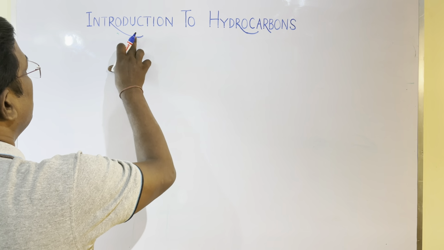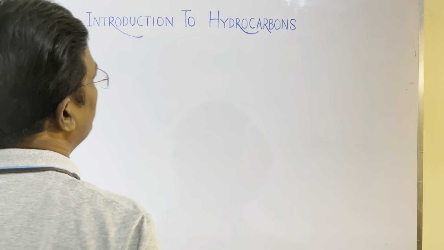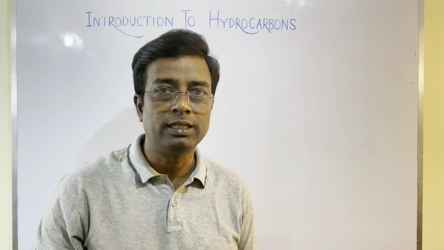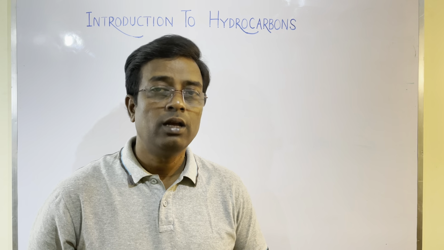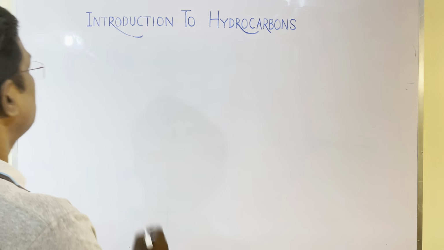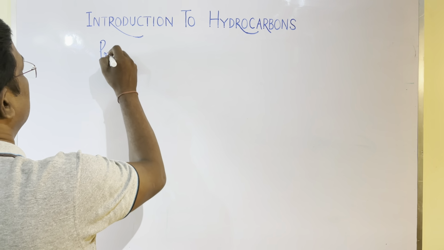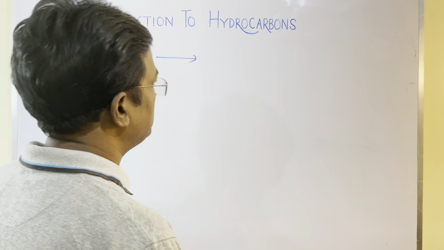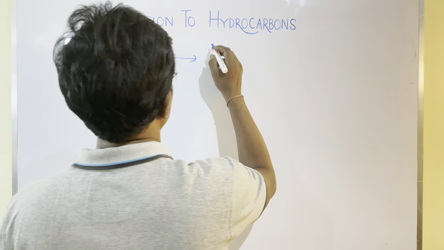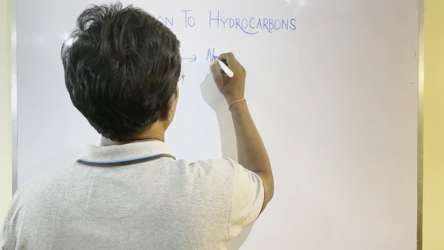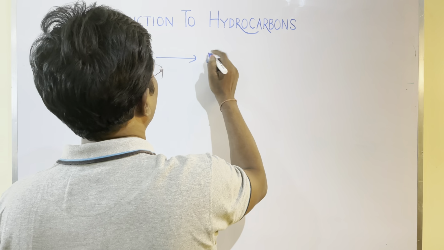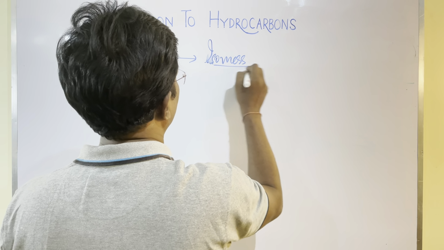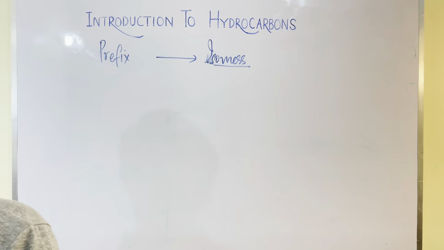Now, how are the isomers distinguished? We have to add certain prefixes before the alkanes. So this prefix helps to distinguish the isomers.